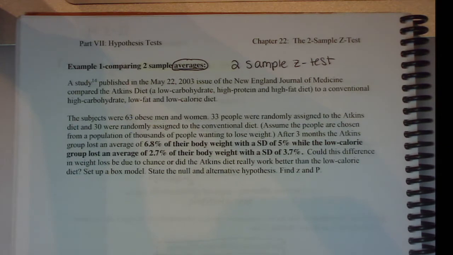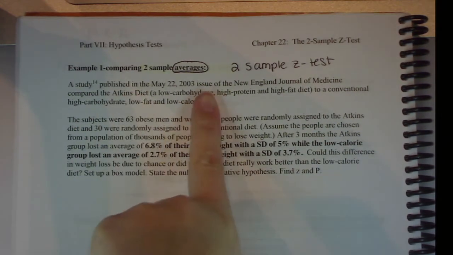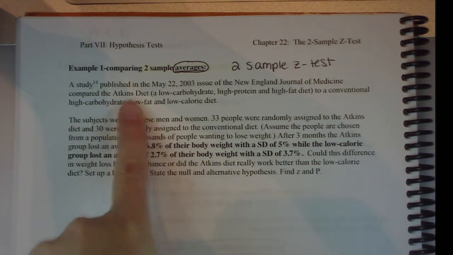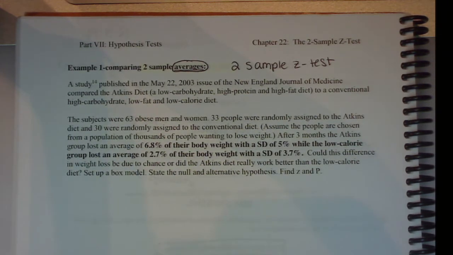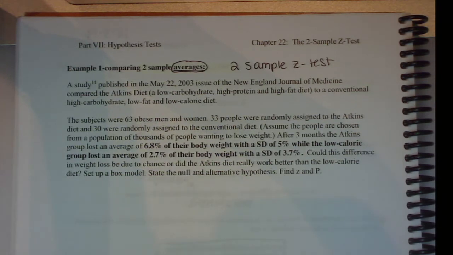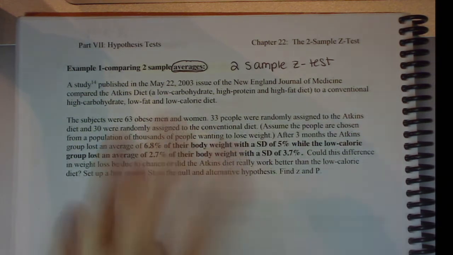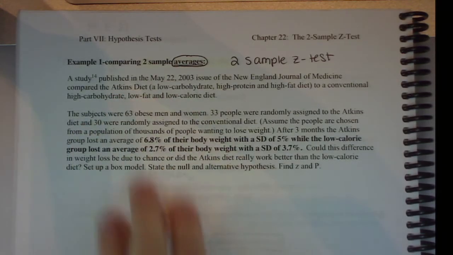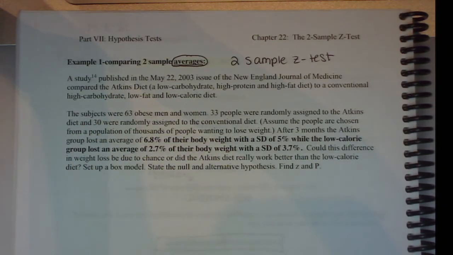So let's see. This was a study back in 2003. They were comparing the results of a low-carb diet, the Atkins diet. I guess you were alive during this time, but you might not remember this. The Atkins diet, it's your traditional low carb diet, and people were doing it and they were losing a lot of weight. They were saying it's an amazing diet.